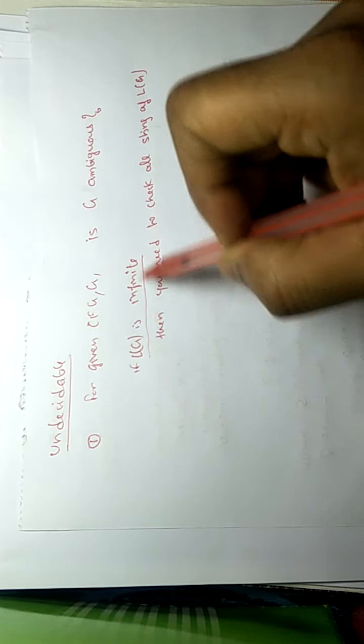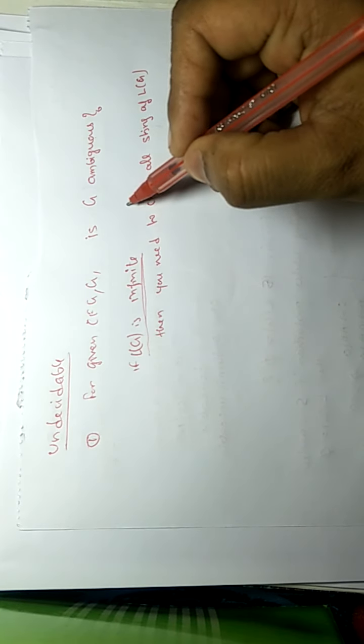Then you check another string, and for that string also the grammar is not ambiguous, and you check a third string, then a fourth string. Can you check infinite strings? For one string the grammar can be ambiguous, but for unambiguous you have to check all strings, and you cannot check all strings of an infinite language. So you cannot answer no.